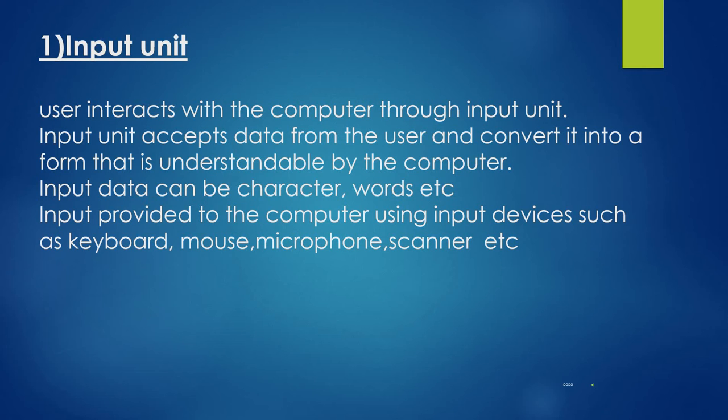The user gives the data to the input unit, and the input unit converts that data into computer understandable form. Our language the computer doesn't understand. Computer can understand only the binary language. So the input unit accepts the data and converts it into binary form.